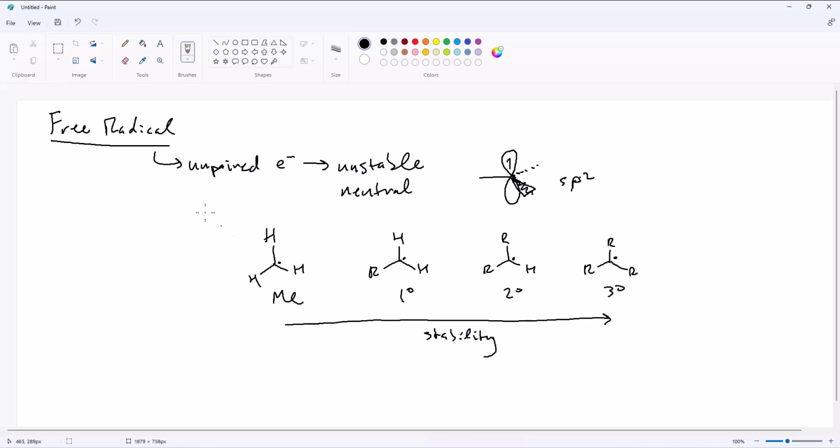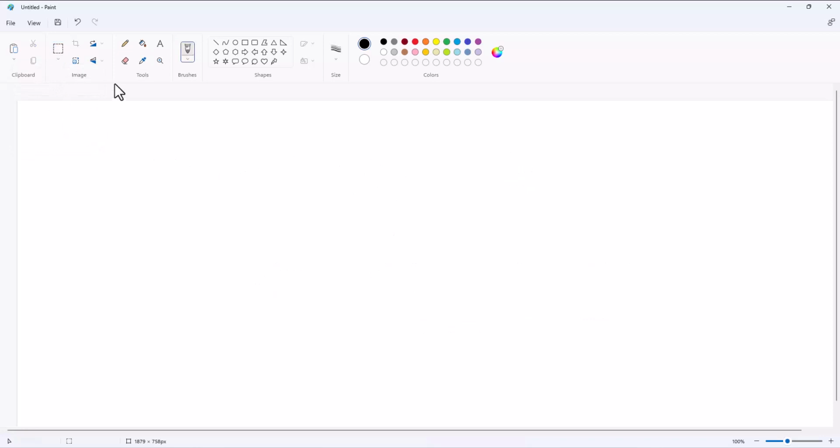Now, the arrow pushing when we draw mechanisms for radical reactions is a little bit different, because we're no longer talking about 2 electrons moving at once, but 1 electron moving at once. Let's compare 2 electron pushing and 1 electron pushing. For 2 electron pushing, we're often talking about heterolytic cleavage of a bond, which means 2 electrons go one way.